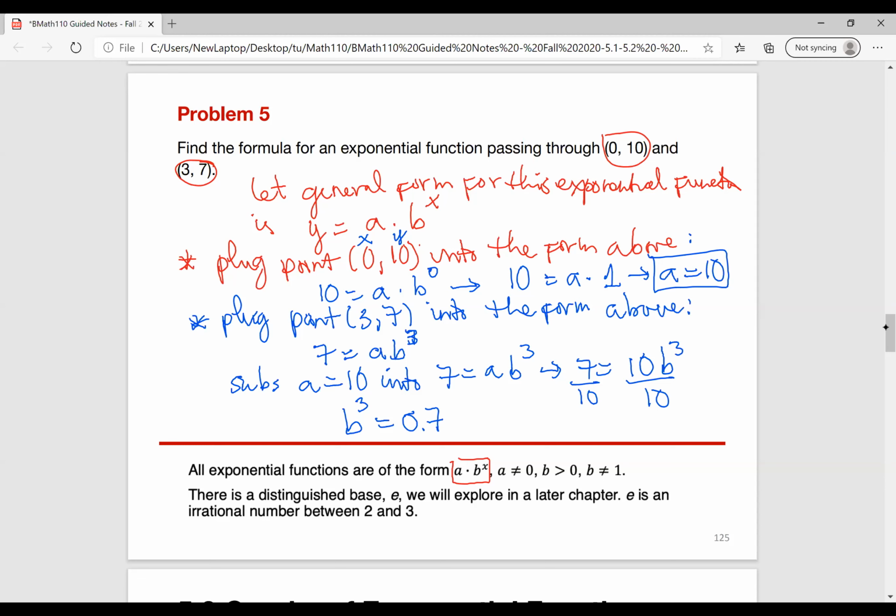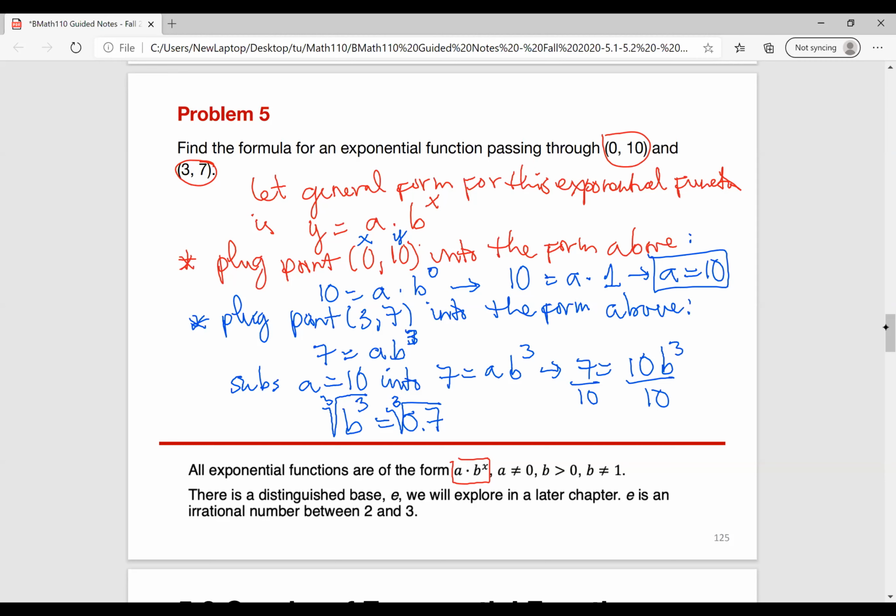How can you do that? You have to take the root with index 3, because this is the only way to cancel the exponent, to eliminate the power. Same as the left hand side, you take the cube root, you have to do the same thing with the right hand side. So let's try the cube root of 0.7.